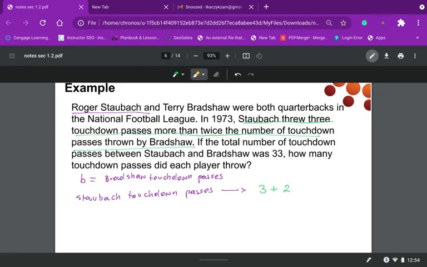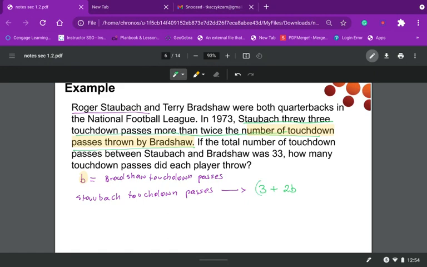So the number of touchdown passes thrown by Bradshaw, this is our variable b. So it will be 2b. So touchdown passes we're going to express by using the expression 3 plus 2b.